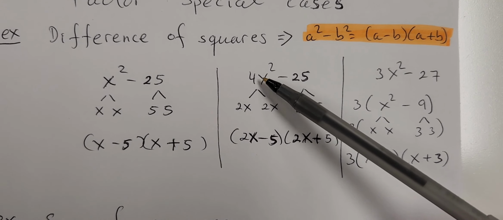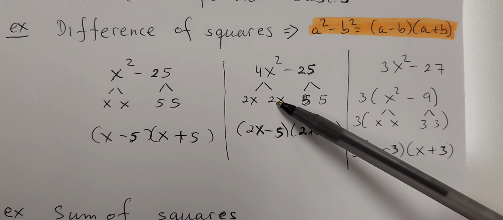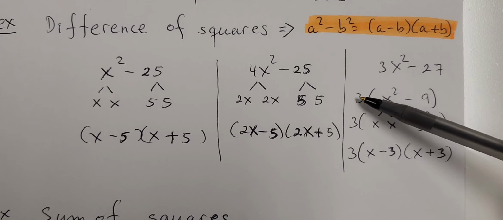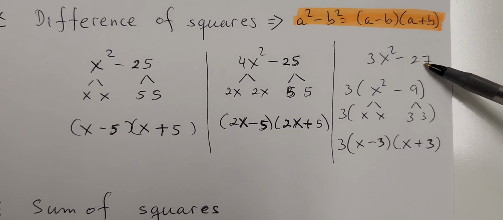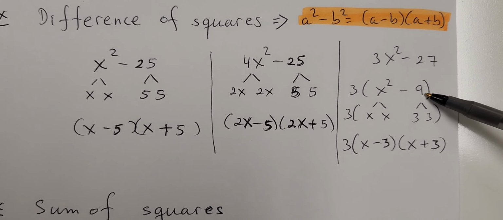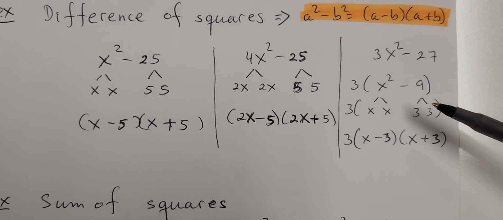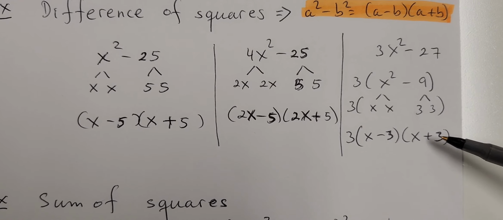Because this 4 can be broken up into 2 equal parts. So I take the 3 out and also divide by 3 here, so that gives me 9. Now I have x squared minus 9. There's 2 x's and there's 2 3's. So I break it up into x minus 3 and then x plus 3.